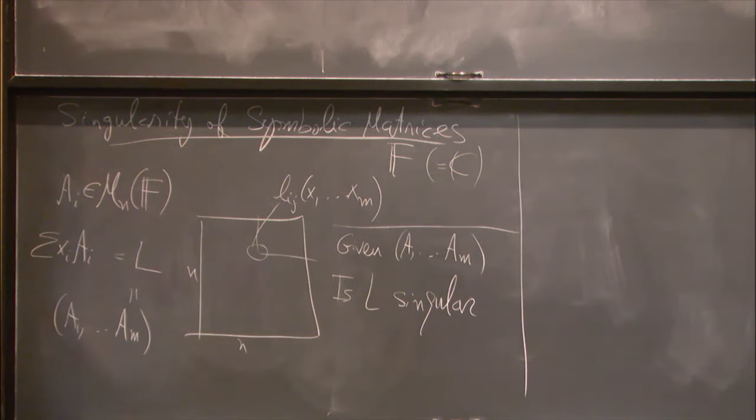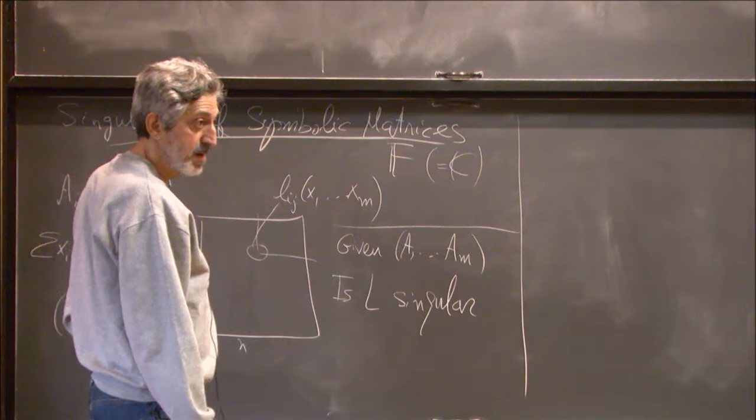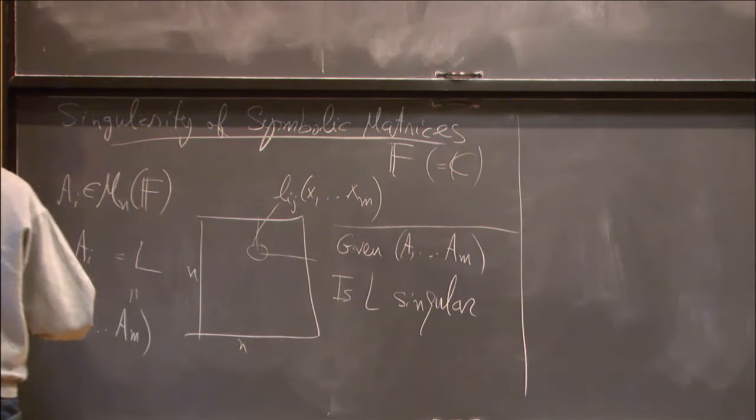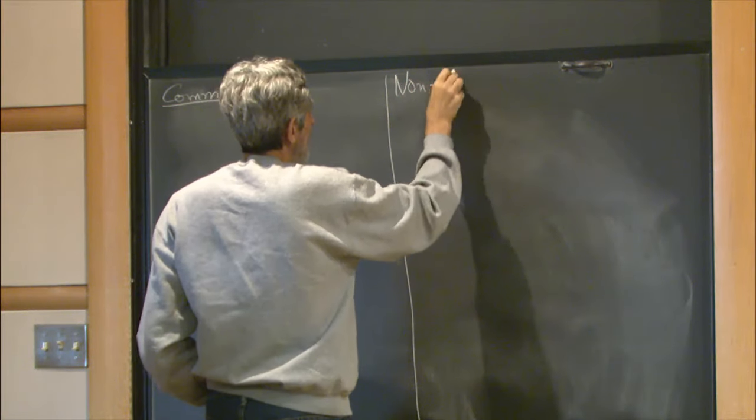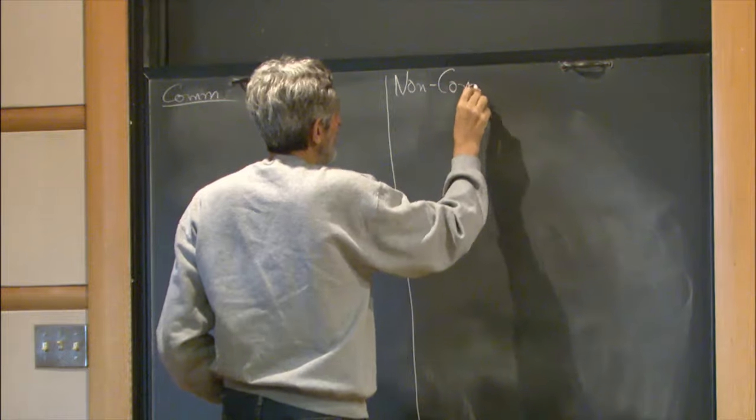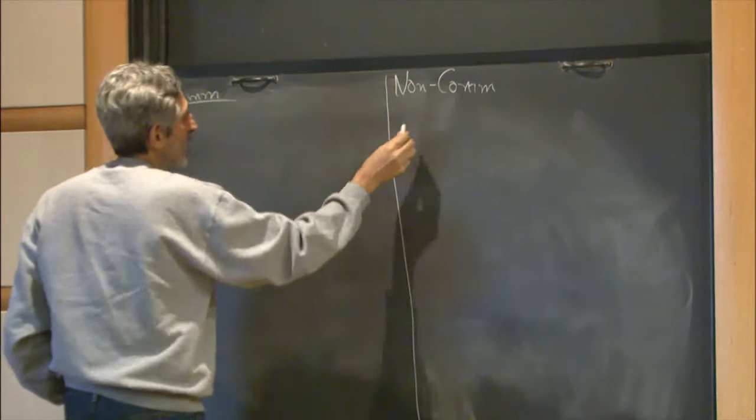So let me remind you, I wrote down a bunch of conditions that are equivalent. This is the commutative setting, which means that the variables x_i commute, and here we don't assume that the variables commute.